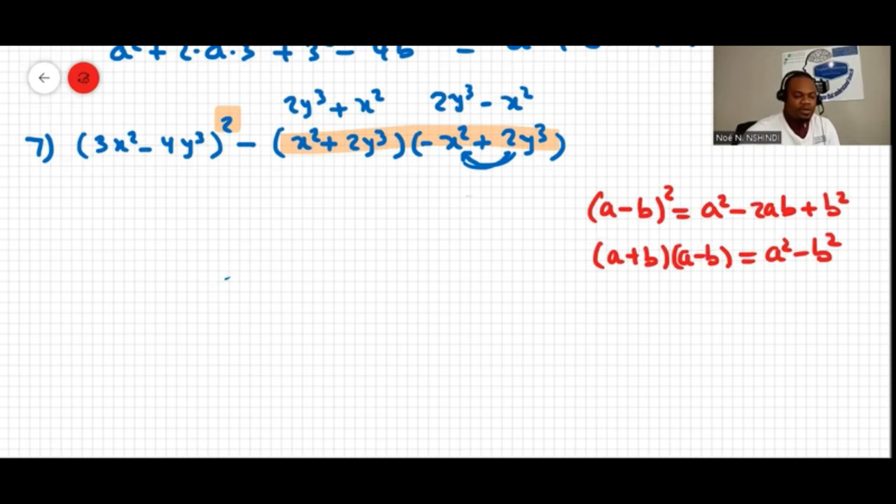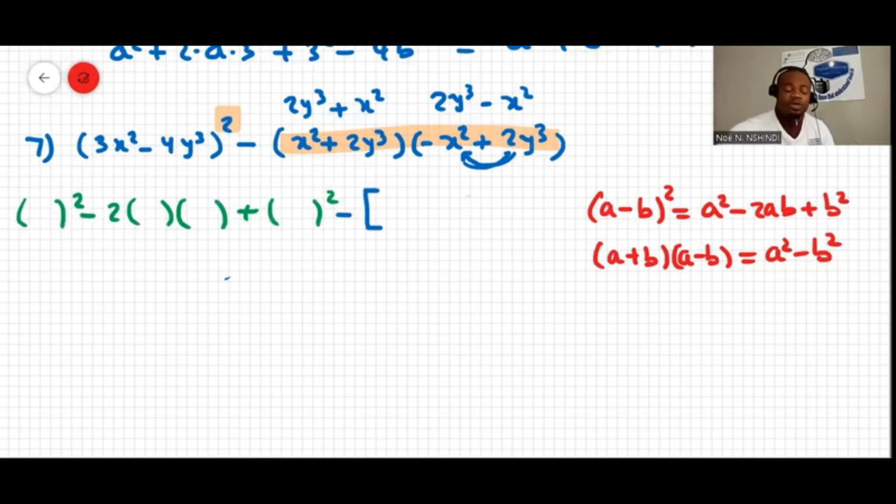For the first one, I'll write a squared minus 2ab plus b squared. For the second one, it's minus, and careful here, I'm going to use square brackets because we need to be careful whenever we have a negative sign in front of the brackets. Here I'm going to have a squared minus b squared.